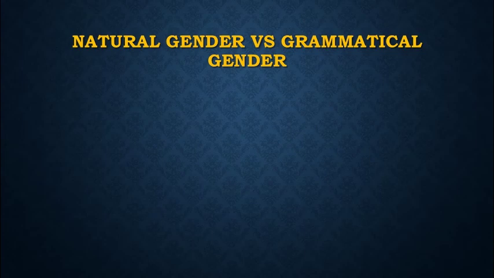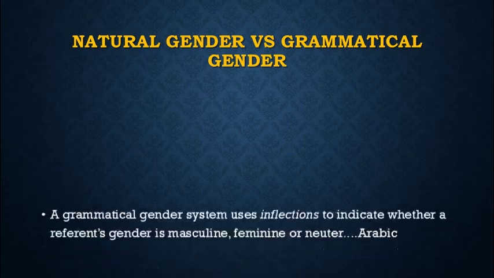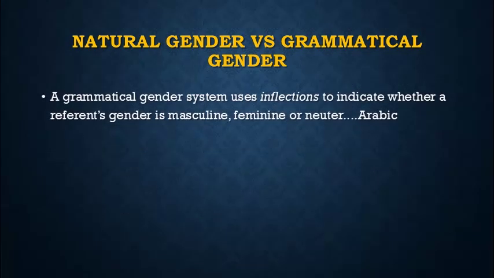Now let's get an idea about the difference between natural gender and grammatical gender. English is a natural gendered language, whereas Arabic is a grammatical gendered language. What is the meaning of this? A grammatical gender system uses inflections to indicate whether a reference gender is masculine, feminine, or neuter.